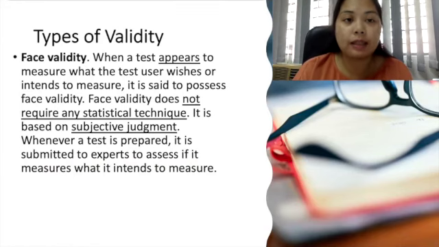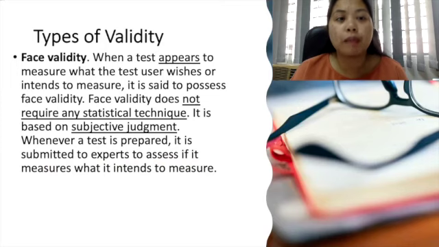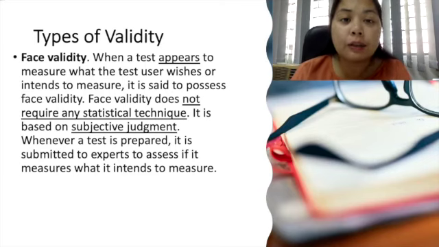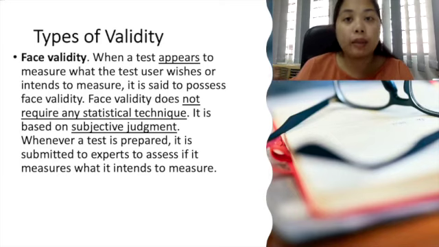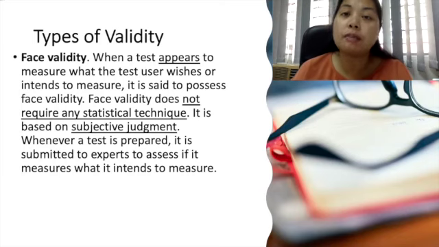One is face validity. So when a test appears to measure what it intends to measure, it is said to possess face validity. So face validity does not require any statistical technique to be used, and it is based on subjective judgment. Whenever a test is prepared, it is submitted to experts to assess if it measures what it intends to measure.